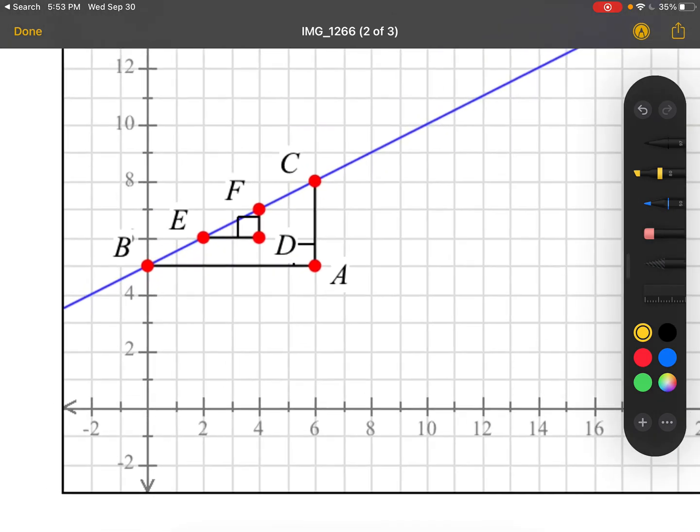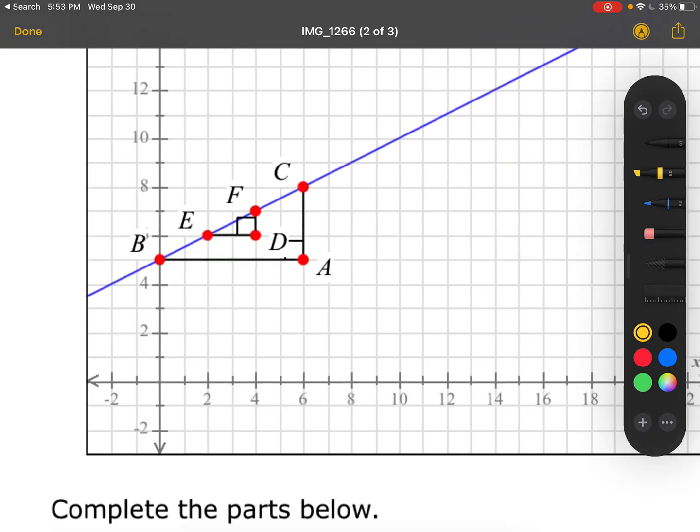Okay, so the next one I need to do is DEF, and it's going to ask you the same thing. It's just going to say, what is the run? Well, the run is the distance between these 2 points. So again, I can say, okay, well, it's 1, 2, or I can say, well, it goes from 2 to 4.